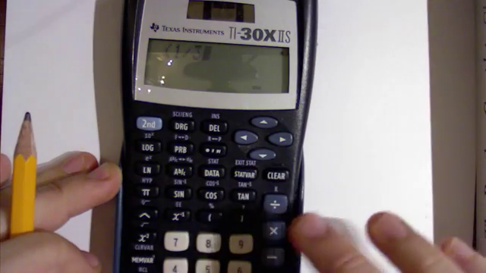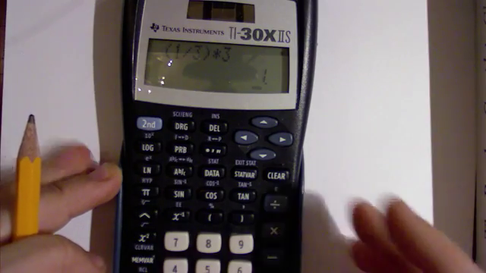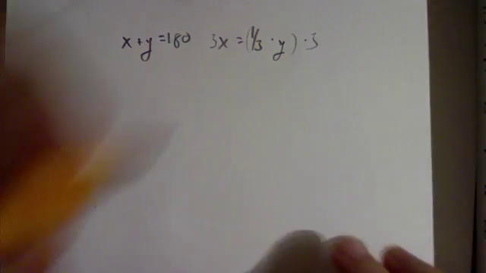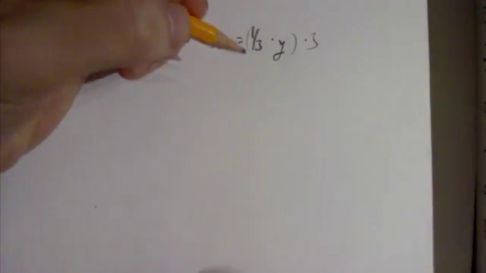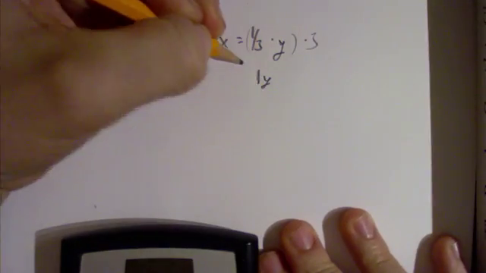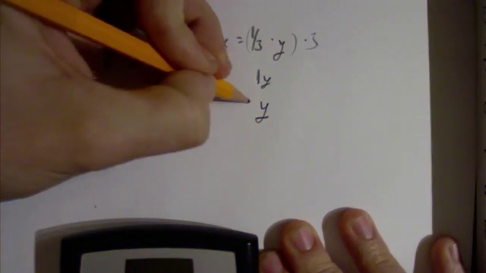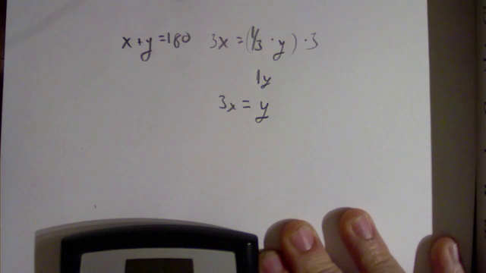1 divided by 3 is the same thing as 1/3, times 3, that's equal to 1. And that's why I multiplied by 3, because 1/3 times 3, which is 1, I then just get 1y, and 1 times y is the same thing as y. And I'm left with y is equal to 3x.